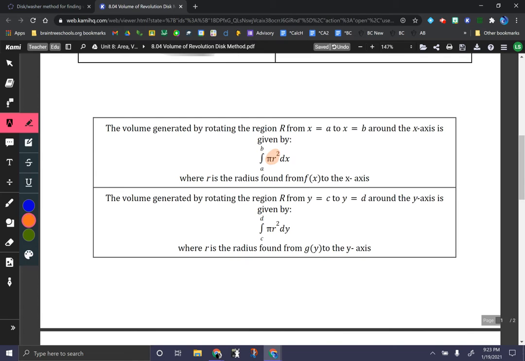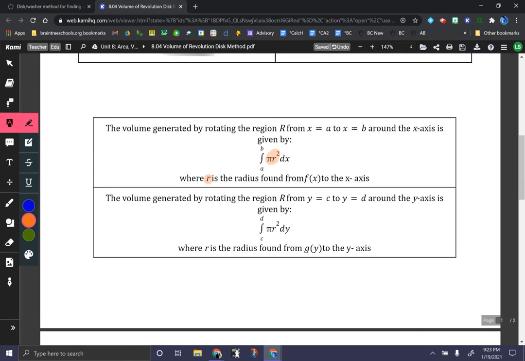So when we're setting up a volume of revolution or a solid of revolution, we're going to have the integral from a to b of pi r squared dx. R is going to be the radius that is found from your function down to the x-axis.